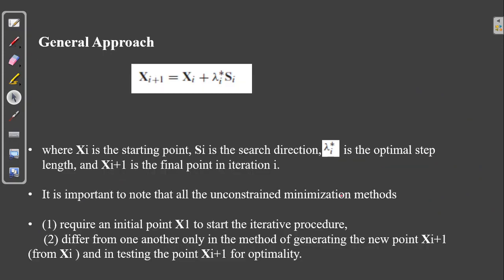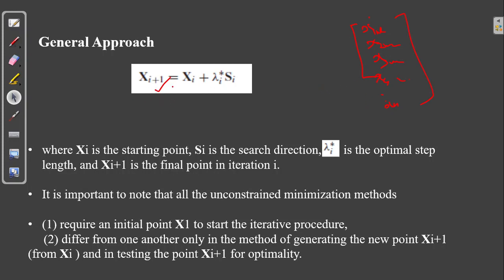So xi plus 1, that means the new set of solutions, x1 new, x2 new, x3 new, like that, is denoted by a vector xi plus 1.